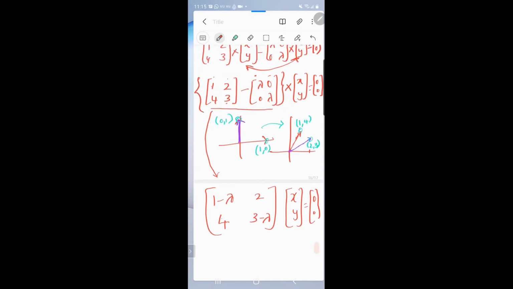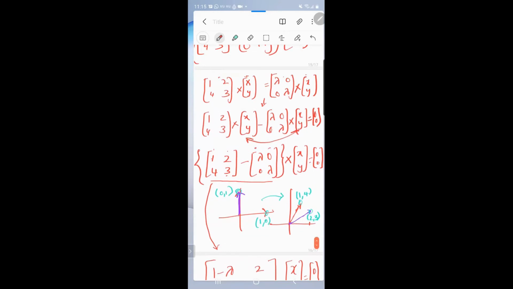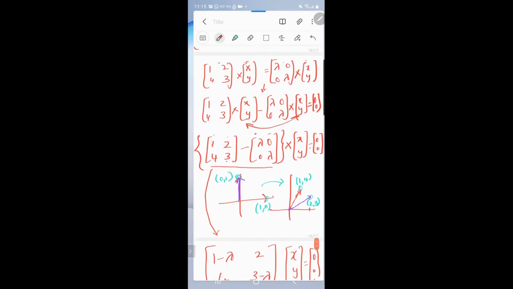I replaced that with x and y because somebody pointed out what is AB. How is lambda subtracted from 1 and 3? It's this pairwise subtraction. Why is it subtracted?